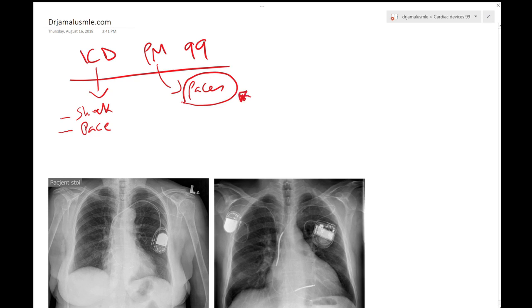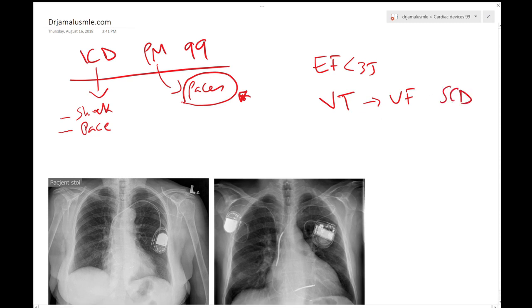But if a patient has a low EF after having multiple heart attacks, and after you give them medications his EF does not improve, those patients are known to be at risk of having VT and then going to VFib and then sudden cardiac death. And those are the patients that we have to consider giving an ICD.